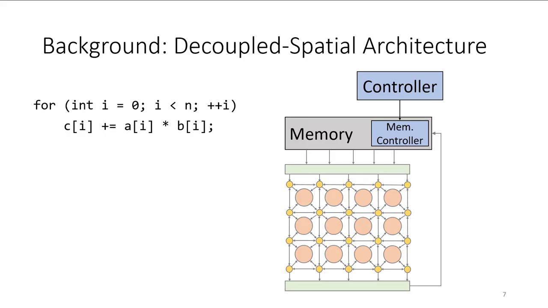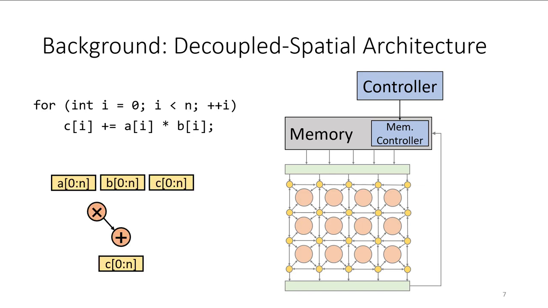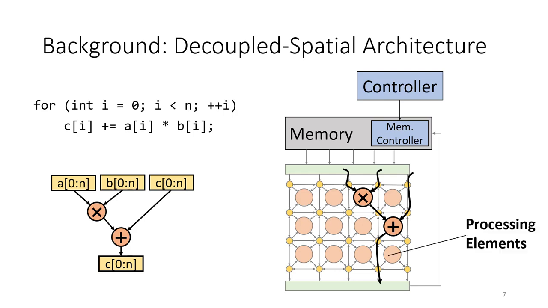To program an accelerator with such programming paradigm, we need to decouple the computation and memory accesses in order to map them to the corresponding hardware component. The computations are represented in a data dependence graph and mapped onto a spatial architecture, which consists of processing elements for performing the computations and switches for routing the dependencies.